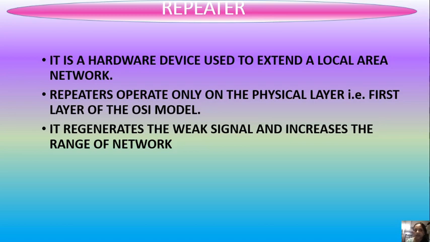It regenerates the weak signal and increases the range of the network. So it is used to strengthen the signals. So these are the points related to repeater.